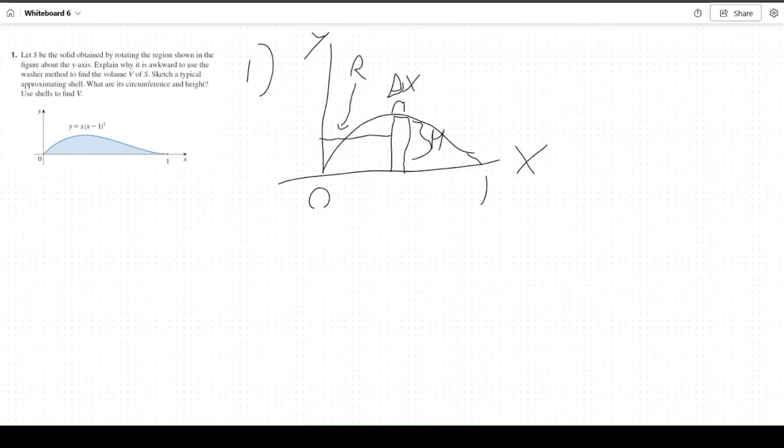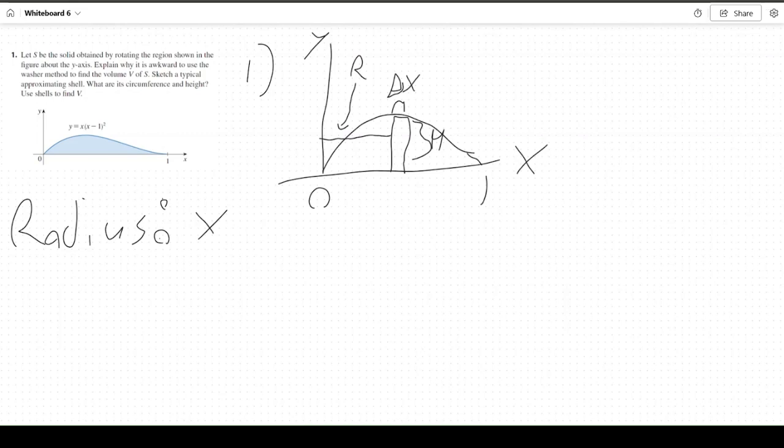So as you can see here, our radius is going to be just x, because the x-axis is going straight towards the right, and the radius is going towards the right from the y-axis to the rectangle, so it's going from left to right.